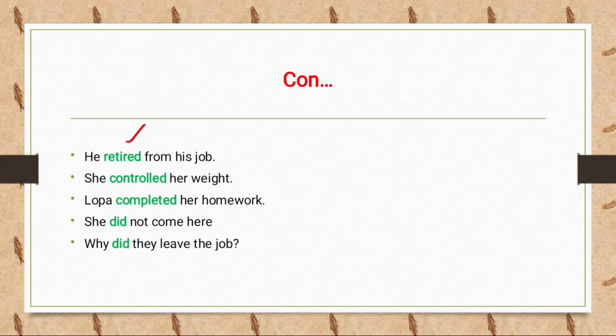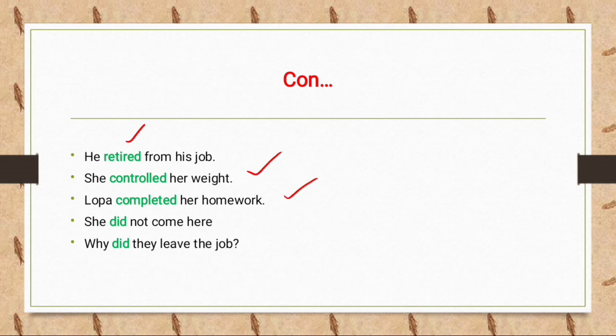The same, she controlled her weight. Means again it's simple formula of past indefinite tense. Lopa completed her homework. Means she had done or she completed that work in the past. Now she is free.